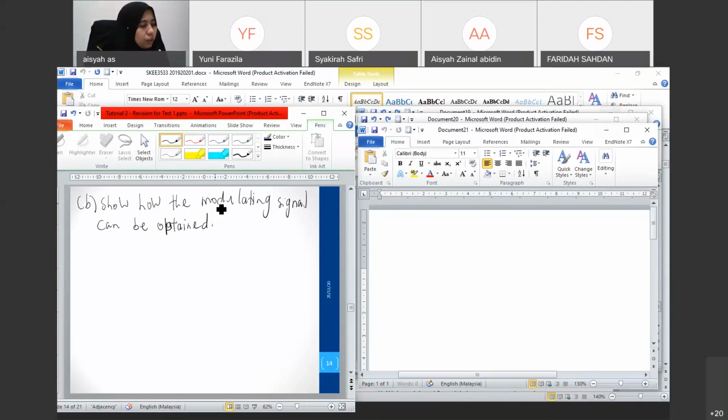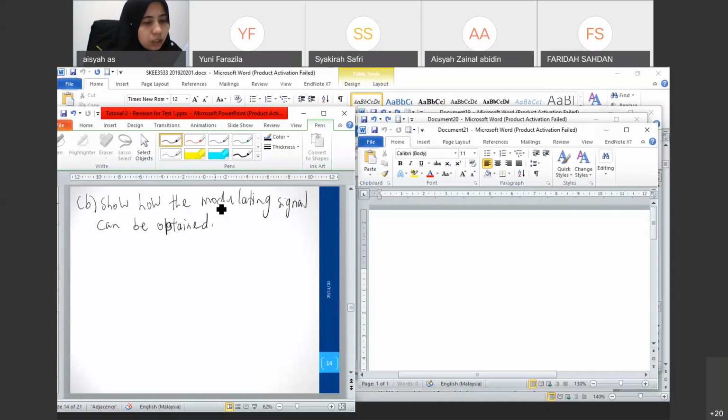For this one, for the full AM, we also can demodulate the signal by using the balance mixer.